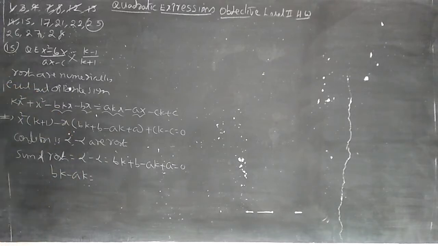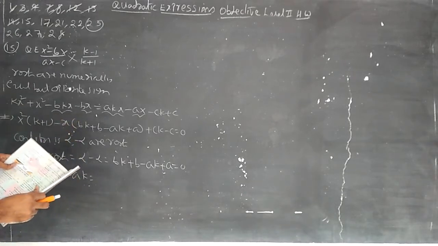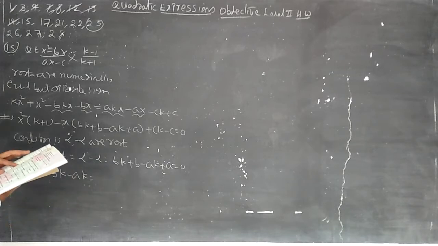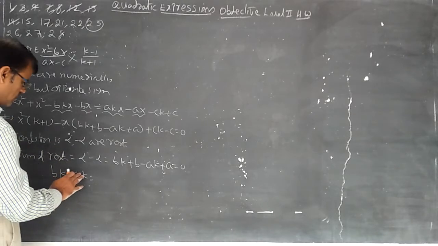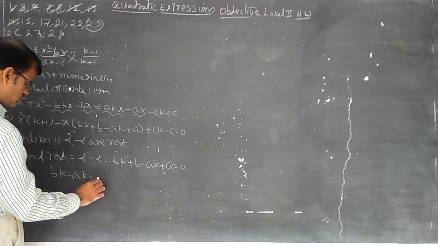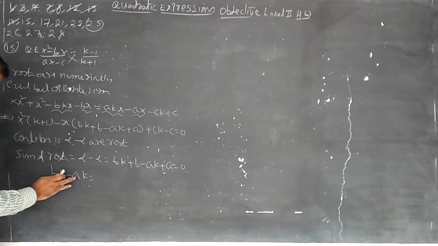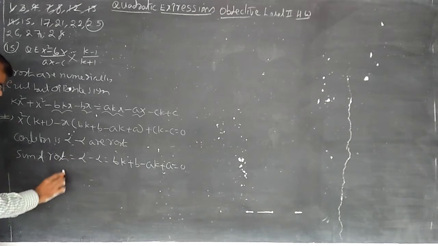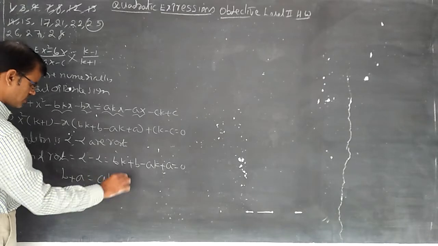What he is asking is the value of k. If the roots are numerically equal but opposite sign, then the k value is asked. bk minus ak is equal to, better to write, bk plus b plus a is equal to ak minus bk.